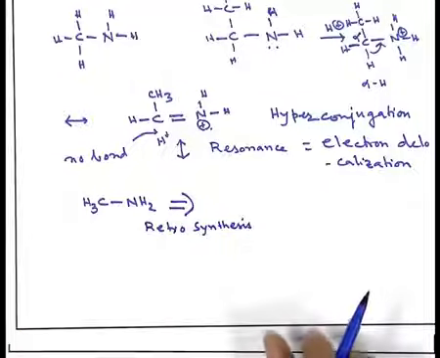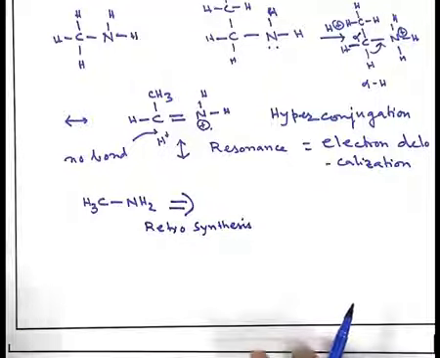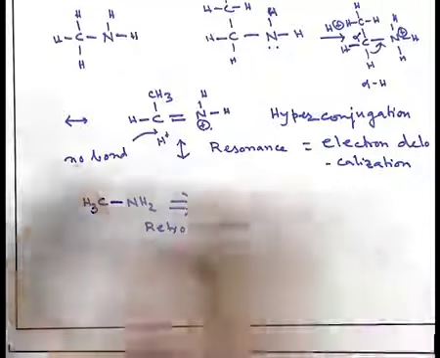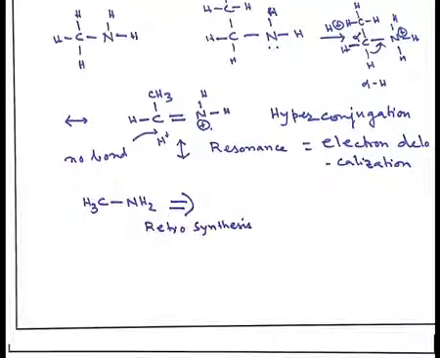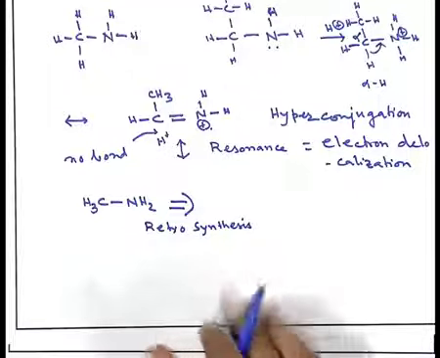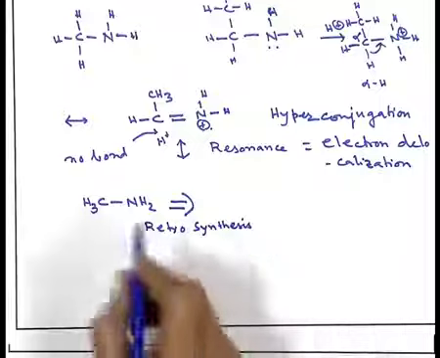I say that if we know how to make a compound, we should know how to break the compound. So, now take the carbon nitrogen bond formation. If I know how to make a carbon nitrogen bond, which is the thing I am going to talk about, I should also know how to break it and what starting materials will be needed to make this compound. So, this type of arrow means retrosynthesis.